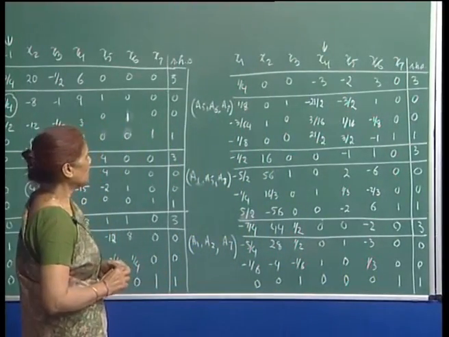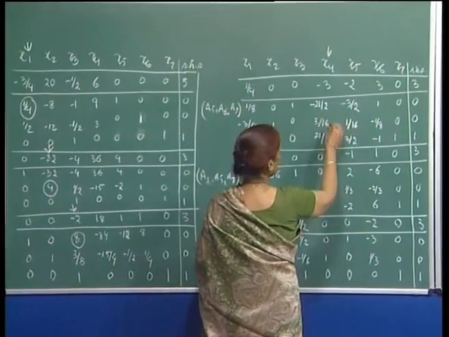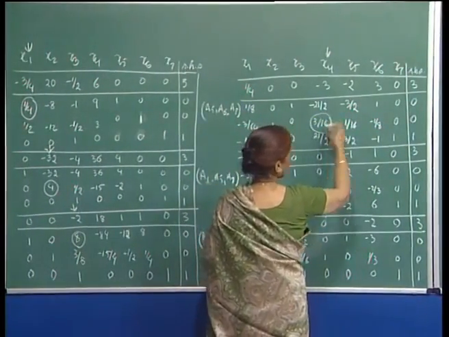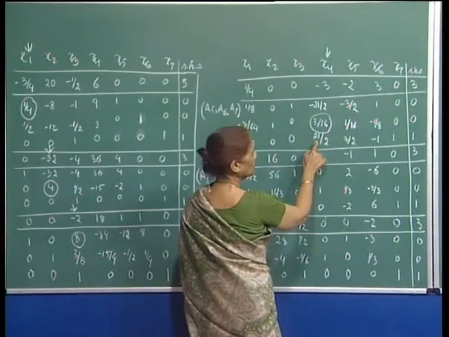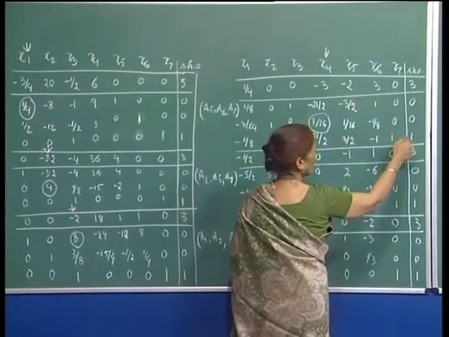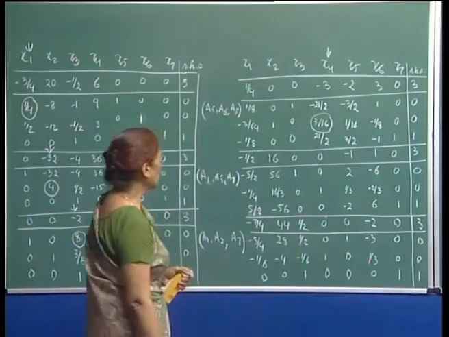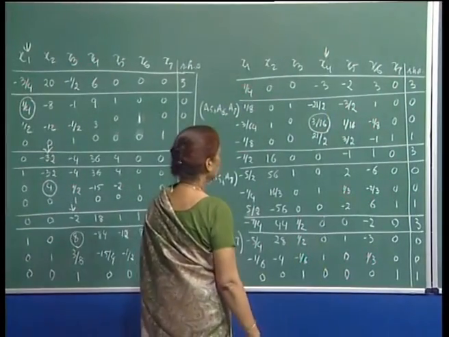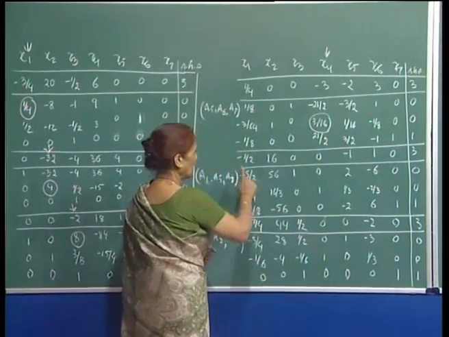So I enter this column into the basis, and the pivoting element here would be this again, because this is the only one that is negative, so I will be taking the ratios corresponding to these two. This is 0, this will be something positive. So obviously I choose that to be the pivoting element, and after the pivoting we reduced it to this form, and I have these entries here.